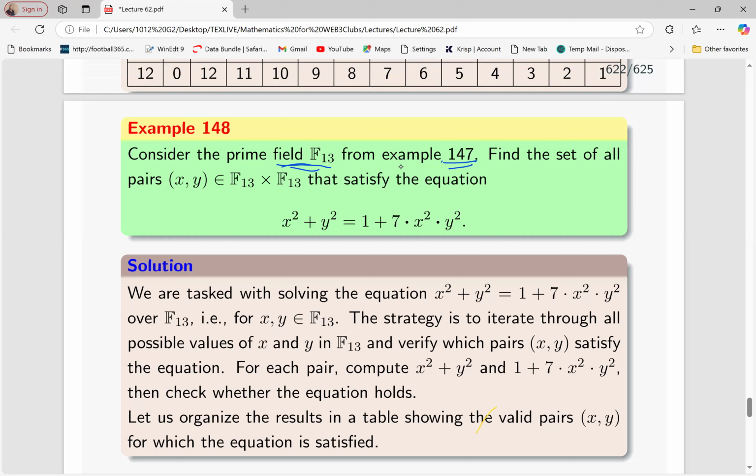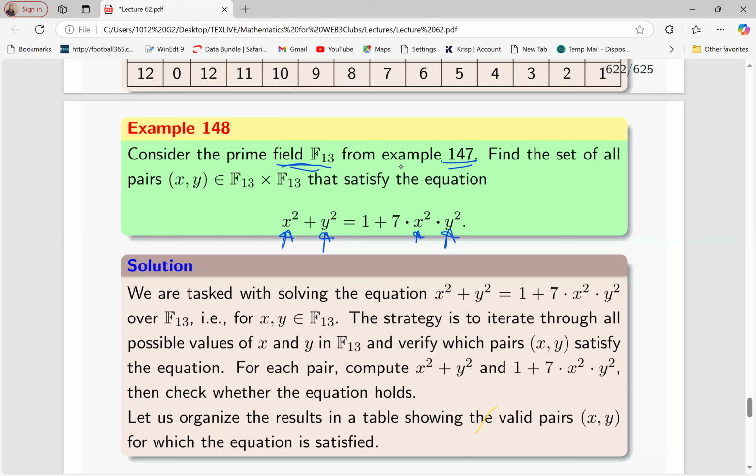The question is, find the set of all x and y so that x squared plus y squared would give you 1 plus 7 multiplied by x squared plus y squared. So find out what x is and what y is.